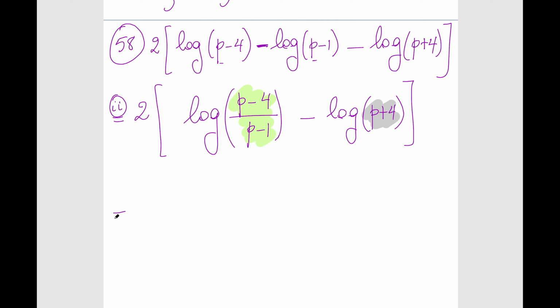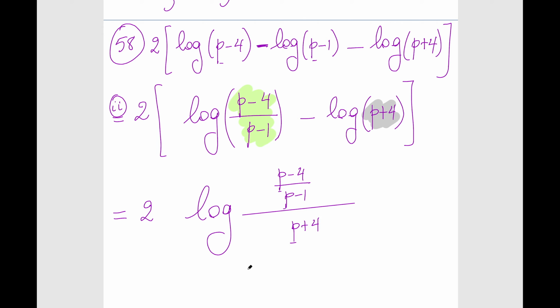So property 2 tells you then it's going to be 2 times log of the quotient that's made up from the numerator p minus 4 over p minus 1 and the denominator p plus 4. Correct? Agree with me? And this is what?